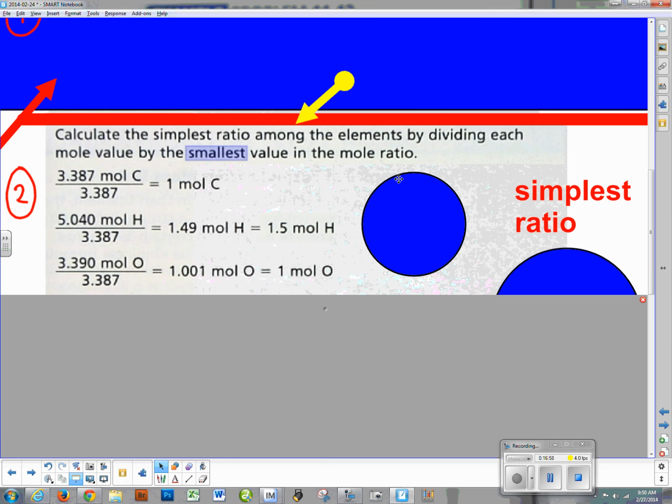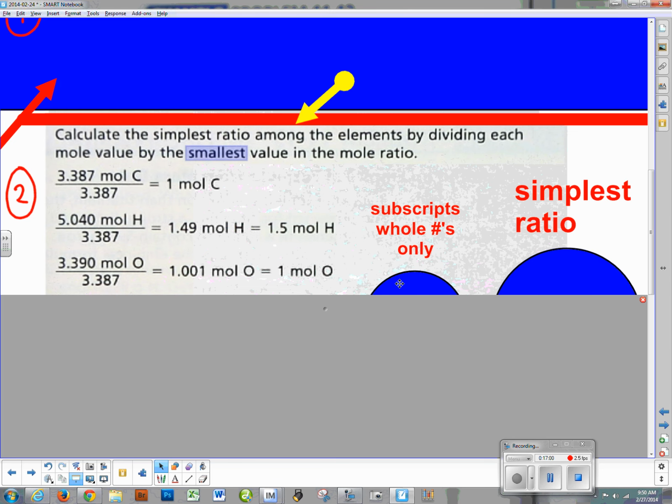We're getting the simplest ratio by subscripts, or to get subscripts to whole numbers only. And we started with the smallest value. See, this one was 3.387. This one's 3.390. This one is 5.040. So this is the smallest.